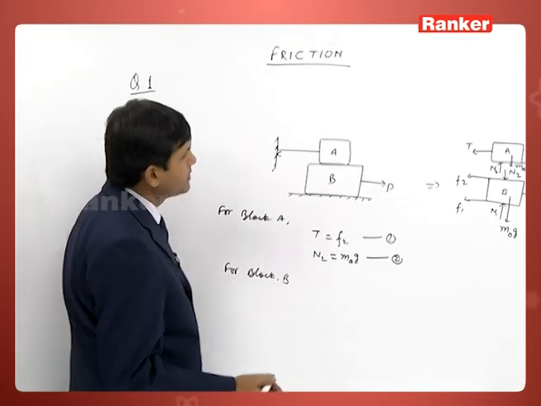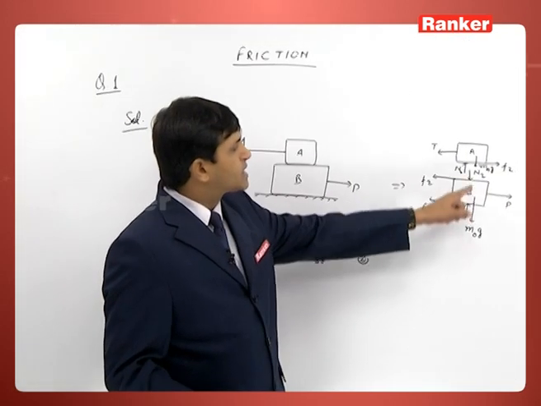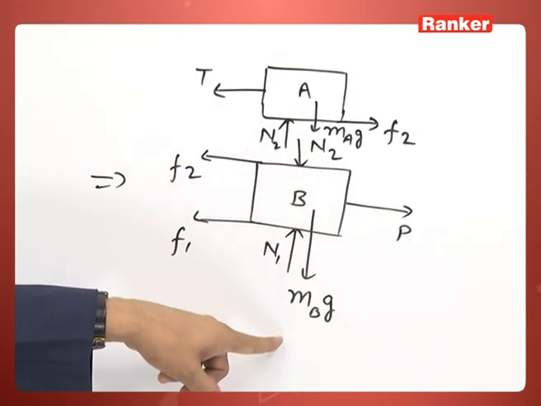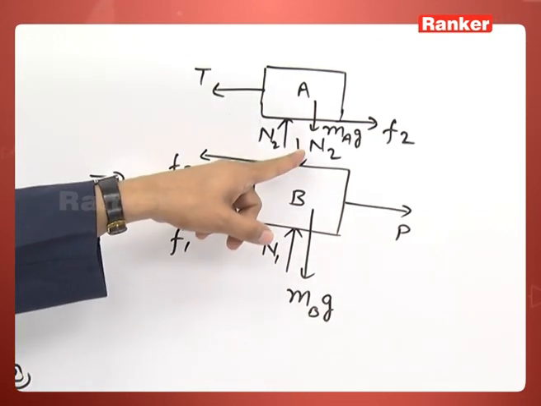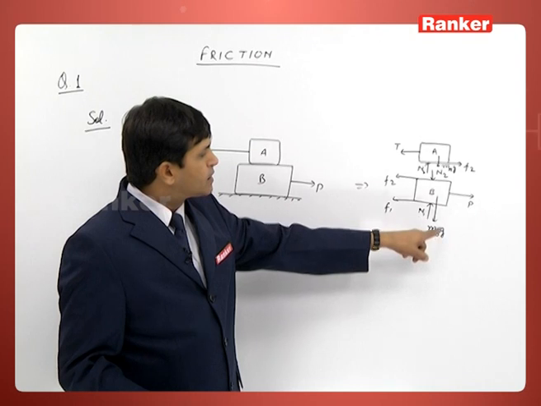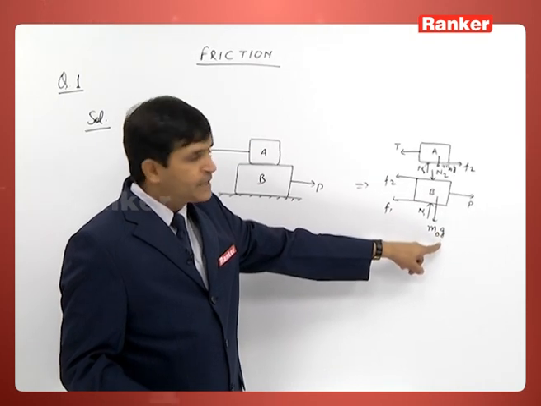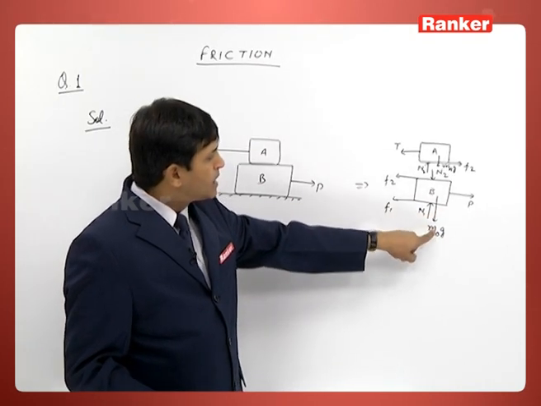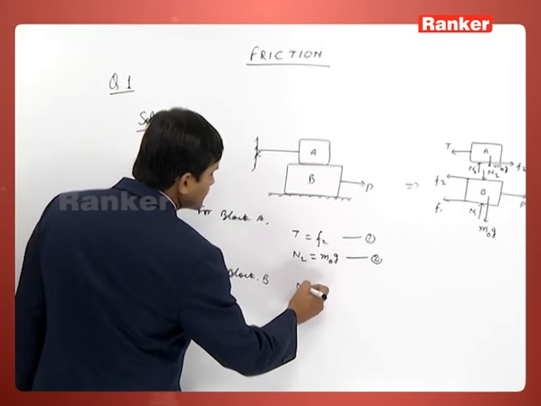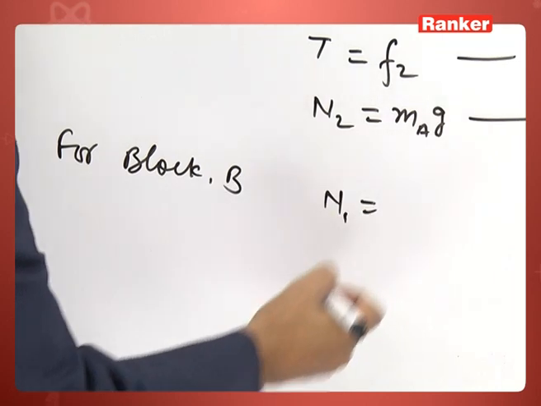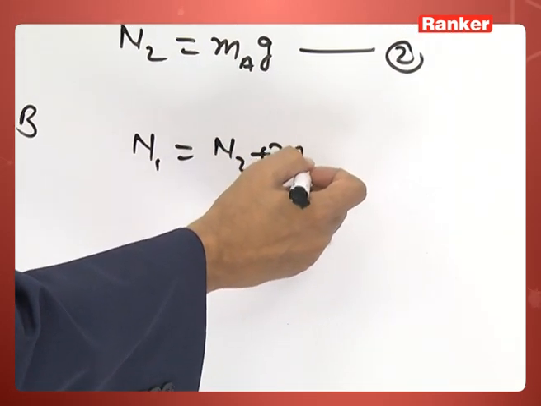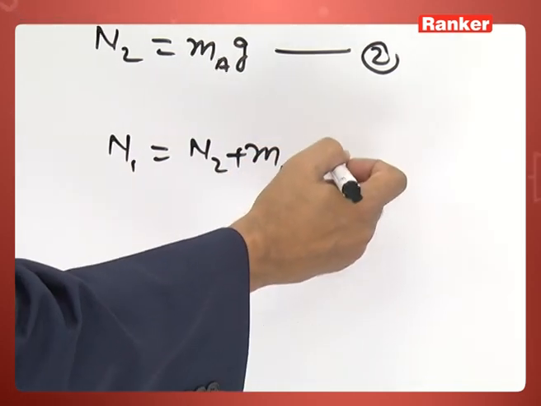For block B, if we look, block B does not have any acceleration in the vertical direction. So the downward forces on block B, one N2, another downward force MB g, will be balanced by the upward force. So we can say N1 is equal to N2 plus MB g.